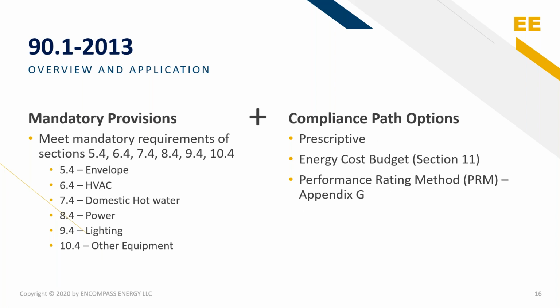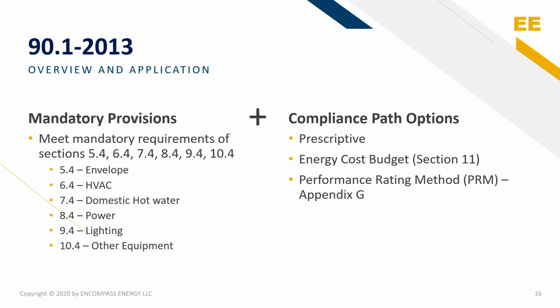So what does it actually look like? There are 6 sections that have mandatory provisions that must be met regardless of how you're showing compliance with the standard. So there's envelope, HVAC, domestic and service hot water, power, lighting, and other equipment. So there's 5.4 through 10.4, which are all mandatory.